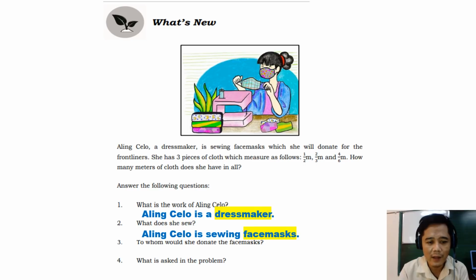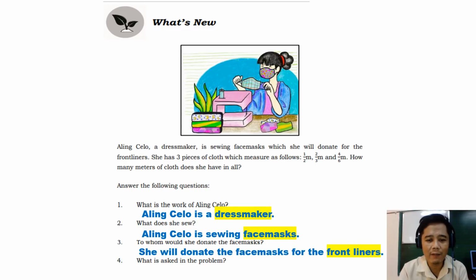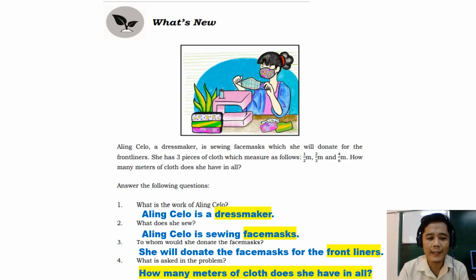And then, second to the last question, to whom would she donate the face masks? Great. She will donate the face masks for the frontliners. Then what is asked in the problem? Great. How many meters of cloth does she have in all?